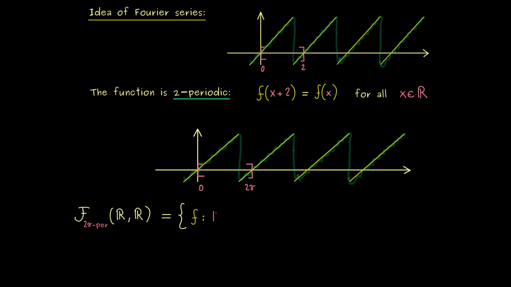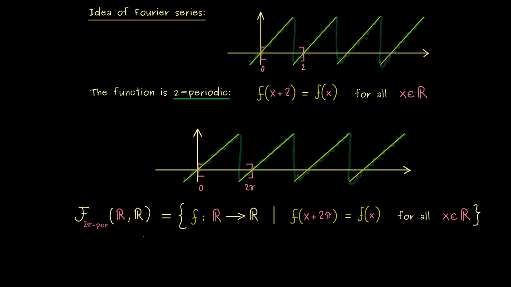Hence, in the set here, we have functions f that map R into R. And the only property we want now is that they are 2 pi periodic. And as before, this means if we add 2 pi to an input x, we don't change anything. So that's it. It's a well-defined set of functions and obviously not the empty set.